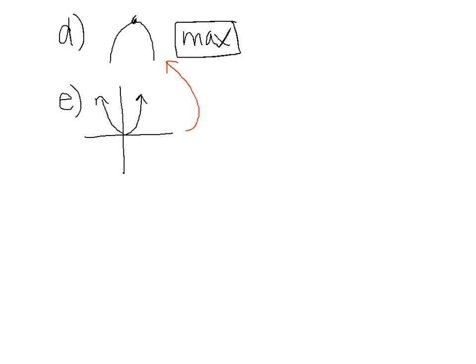And remember, the vertex was at 39, 4. So what happened from this parent function to get it here? Please list that out and submit it in your Google Doc.